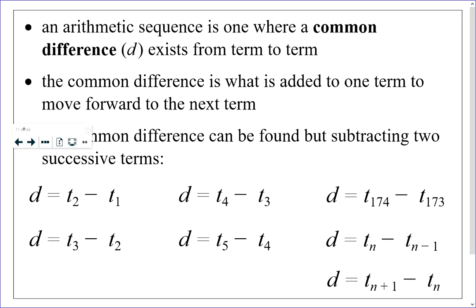So if I take the nth term, I have to subtract the n minus 1th term, because n minus 1 is 1 less than n. If I take the n plus 1th term, I have to subtract the nth term, because n is 1 less than n plus 1. And this is an example of what I was talking about yesterday, that this course becomes more abstract, less concrete, less practical, less I can hold it in my hands and look at it, and more I have to think about this.